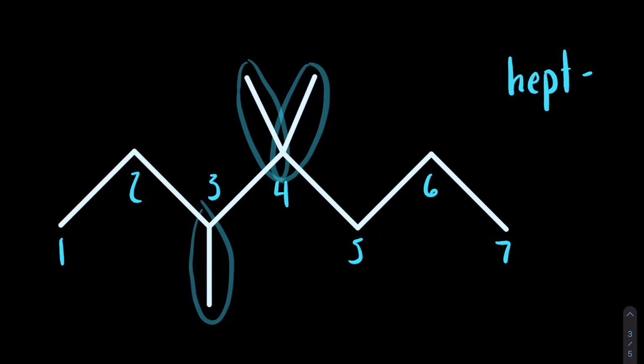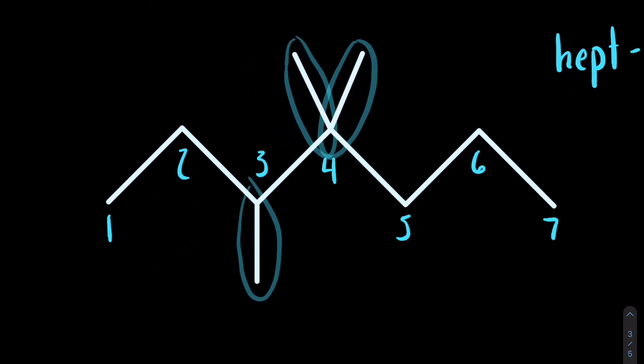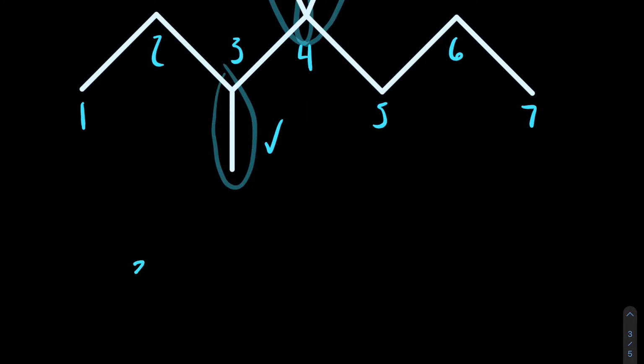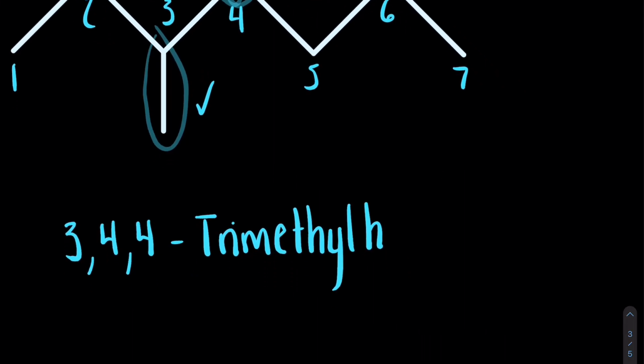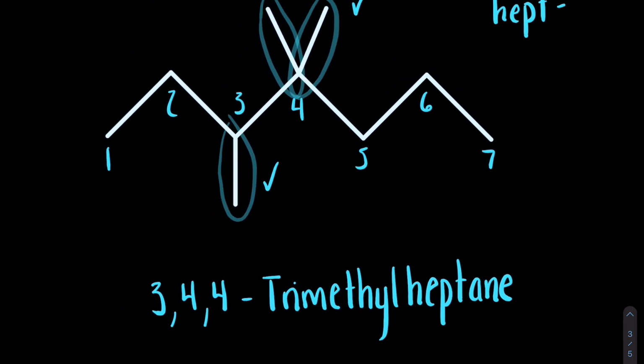Hept for 7. So now we look at the substituents. Where are they? Which one's closer to the end? This one, carbon. So this one gets named 3, 4, 4, trimethyl. Heptanol. Not heptanol, heptane, excuse me. So we have 3, 4, 4, trimethyl heptane.